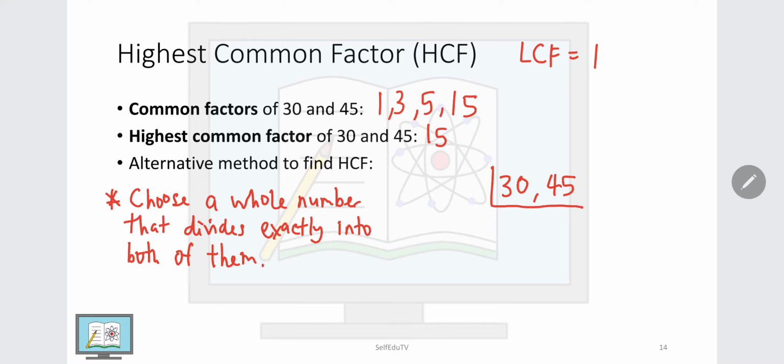So that's the first step: you choose a whole number that divides exactly into both of them. So we start with 3, because 30 and 45 are divisible by 3. 30 divided by 3 is 10. 45 divided by 3 is 15. 10 and 15 are divisible by 5, so the next number will be 5.